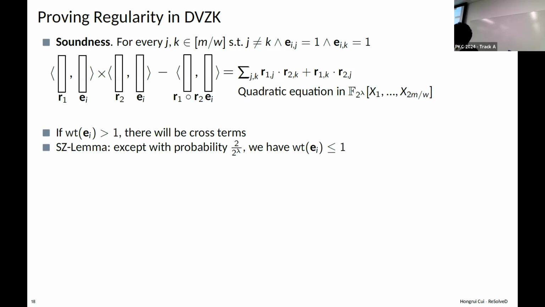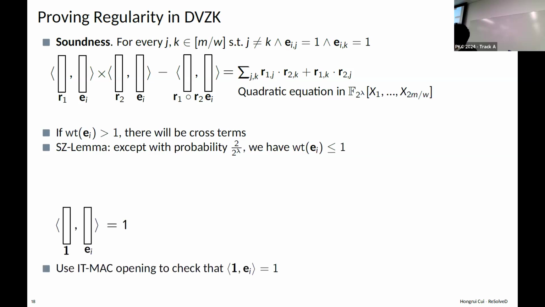And using the Schwartz-Zippel lemma, we can conclude that except with negligible probability, the result is non-zero. So by running this check, we can infer that the E_i vector is either of Hamming weight 0 or 1. The next check ensures that the Hamming weight is non-zero, so we conclude that E_i is a unit vector. By running this test on all the blocks, we can prove regularity.